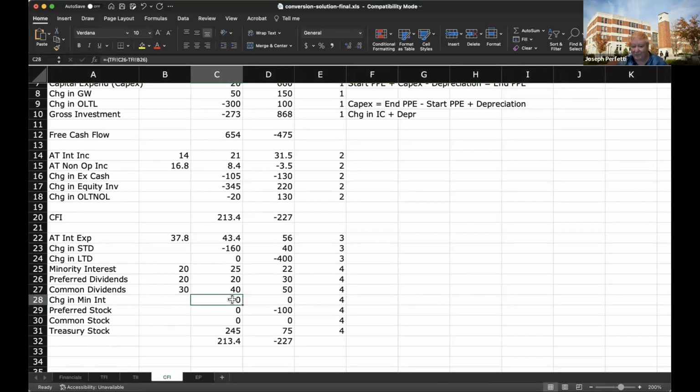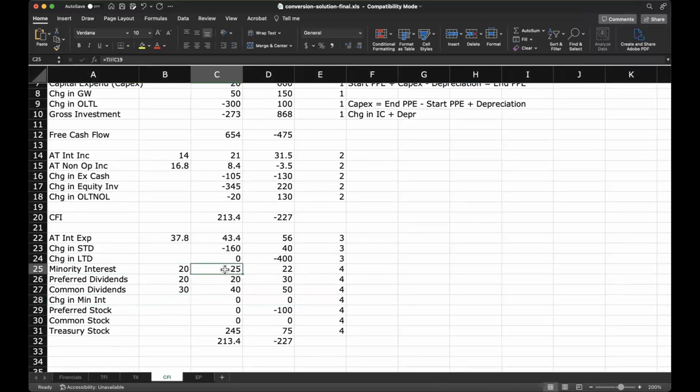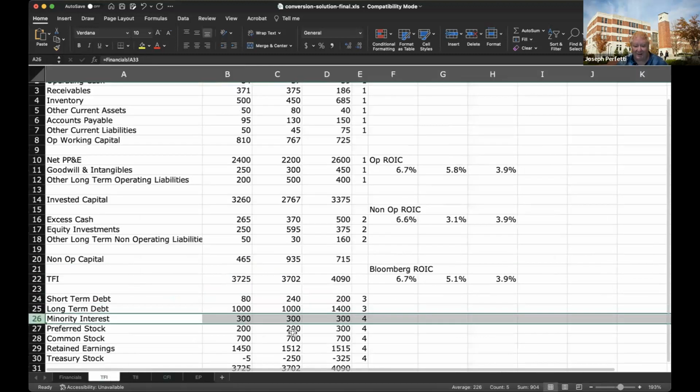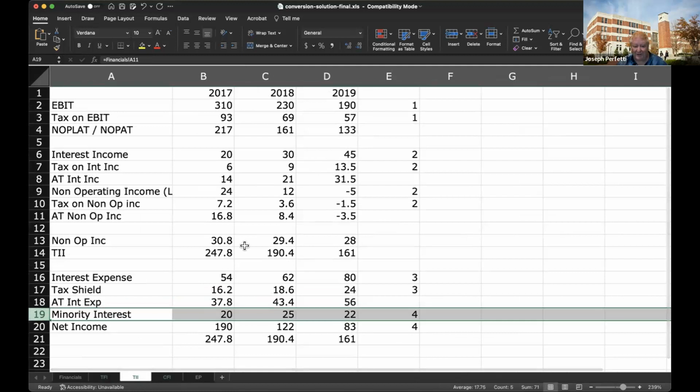You have to account for both. Payment to the minority shareholders, change of the total minority shareholder investment. So basically the whole idea here is the minority shareholders, they didn't change the stake in the business that we owned. And any profits that we had, we just gave to them. In the form of dividends, but those were after tax because we've already paid those dividends.